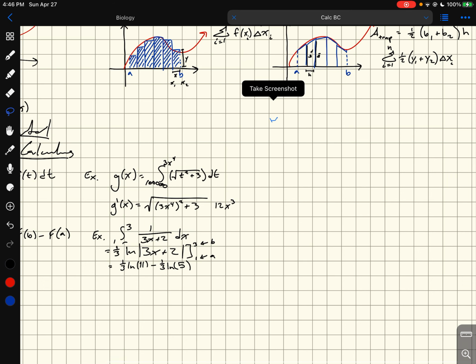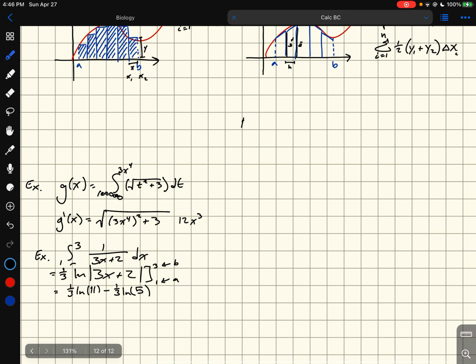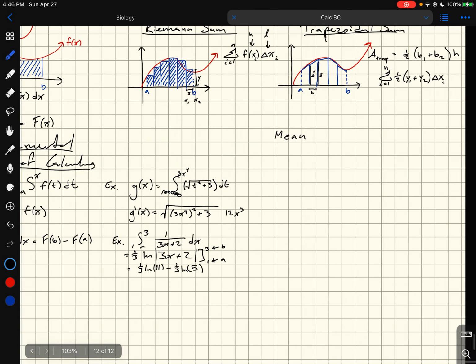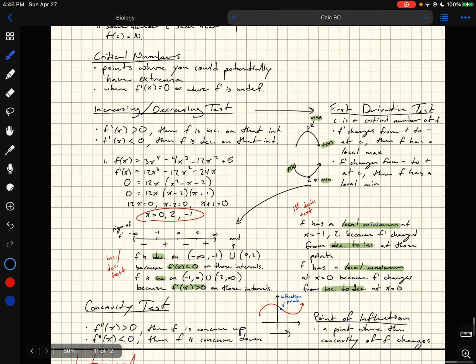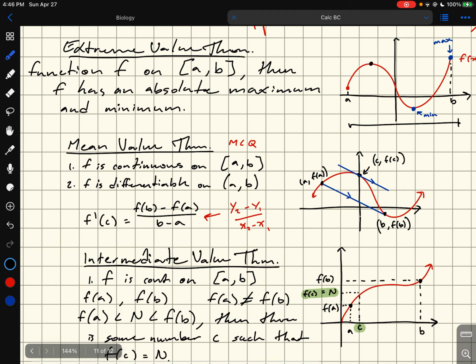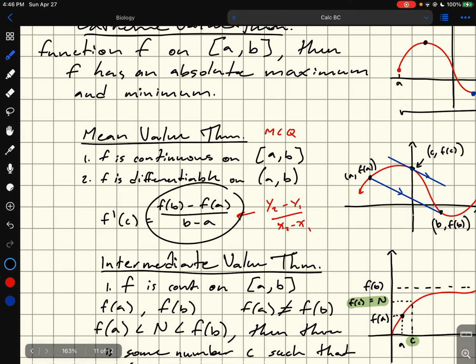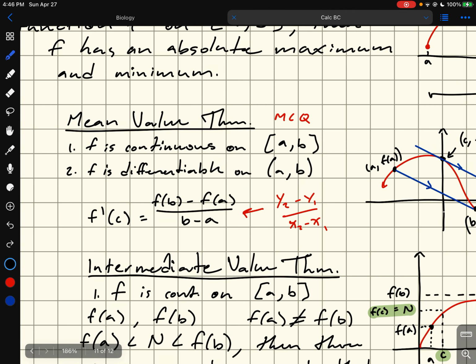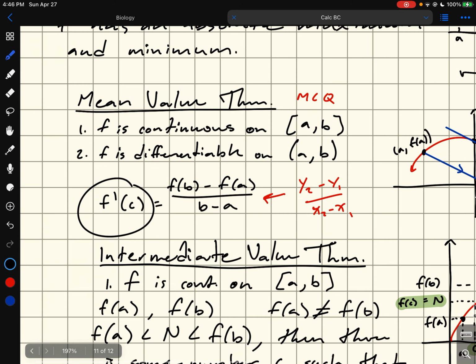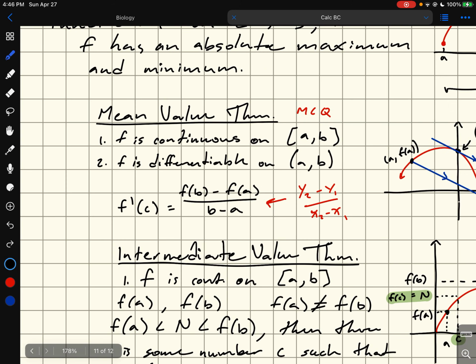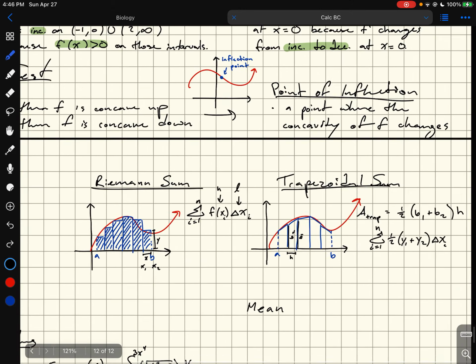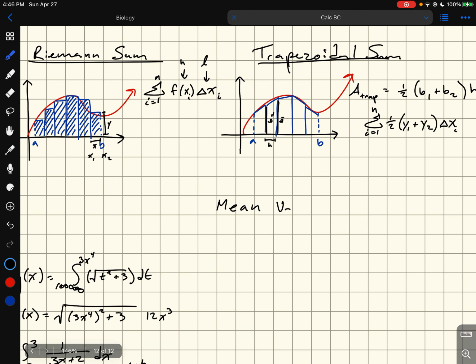If you don't remember, the mean value theorem says the average rate of change between 2 points is equal to some derivative, the tangent line at a point C. So we have the mean value theorem, but for integrals.